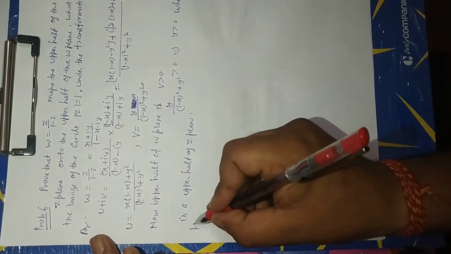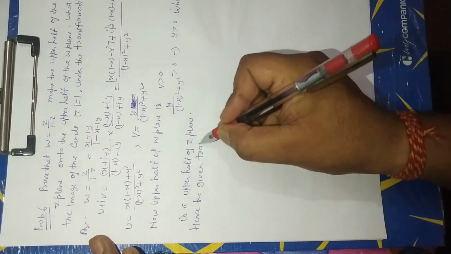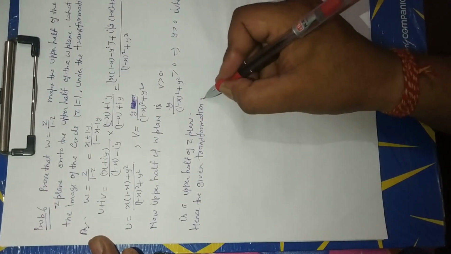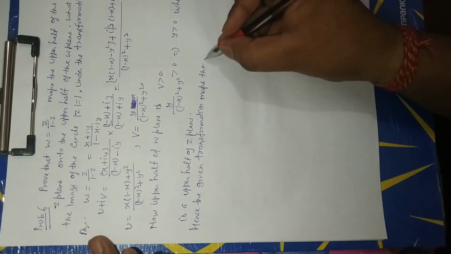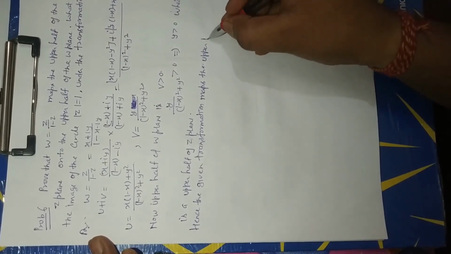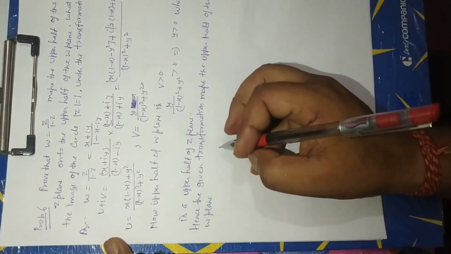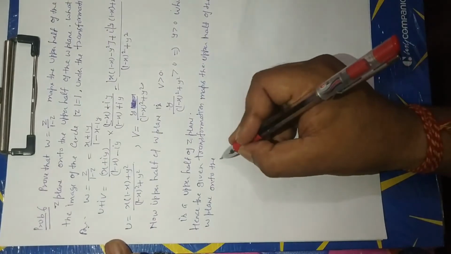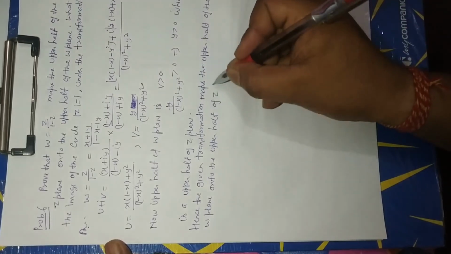Hence the given transformation makes the upper half of the Z plane onto the upper half of the W plane.